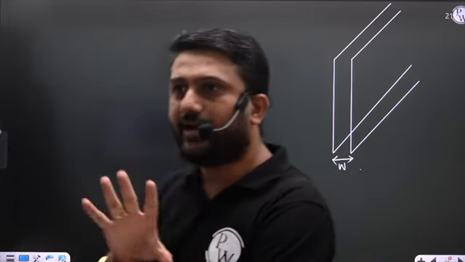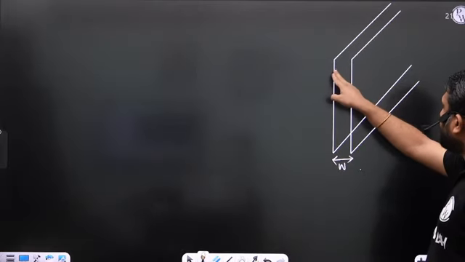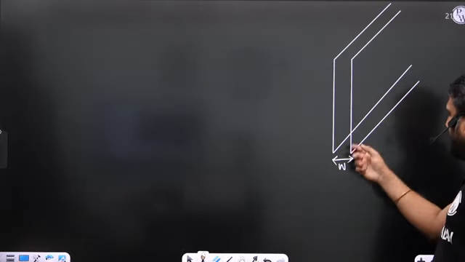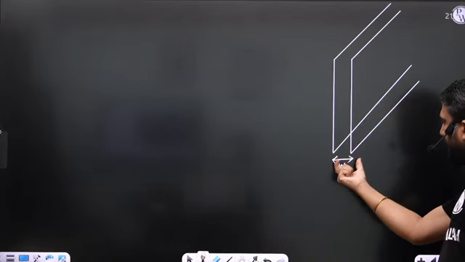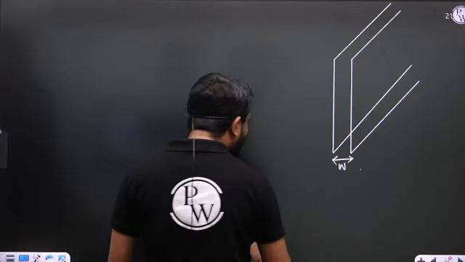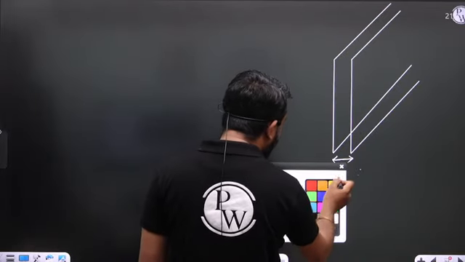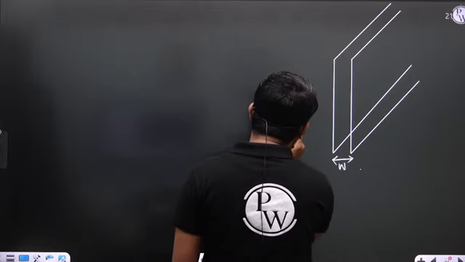Are you getting the problem now? This is plate number 1, this is plate number 2, and your narrow passage is formed by using these two plates. So this gap is W. Now this narrow passage is dipped in water.